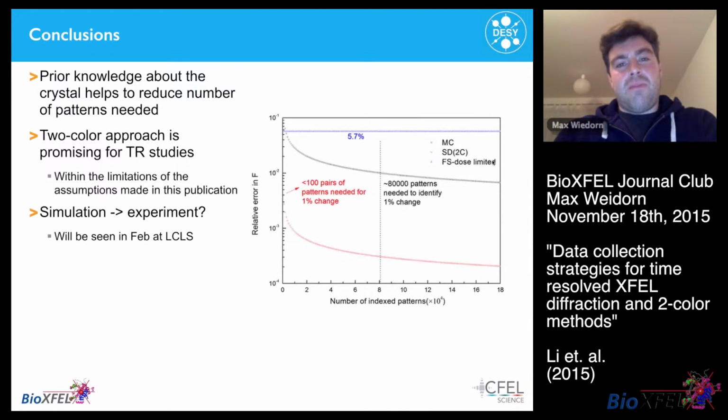But they are energy dependent, so there are obvious limitations to this assumption, because in the two-color approach, we do need two different energies in order to resolve the two spots on the same detector. So therefore, this assumption hits its limits rather quickly.